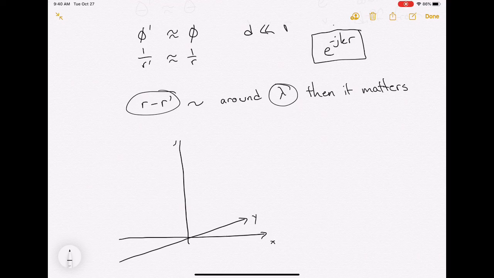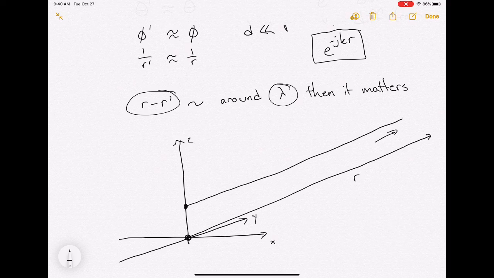There's X, there's Y, there's Z. If we have an observation point that's off to the right somewhere, then R could be this vector, and R prime could be this vector, with this distance between R and R prime being D. Since the observation is so far apart, these two vectors are approximately parallel. So that's point number one.